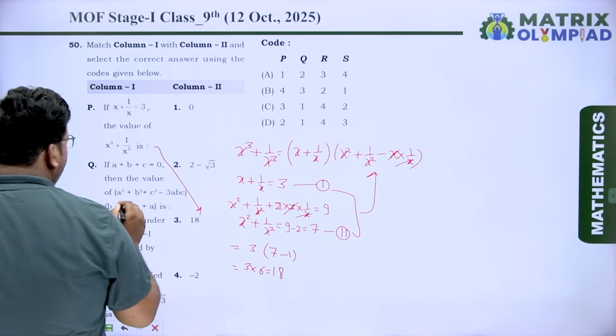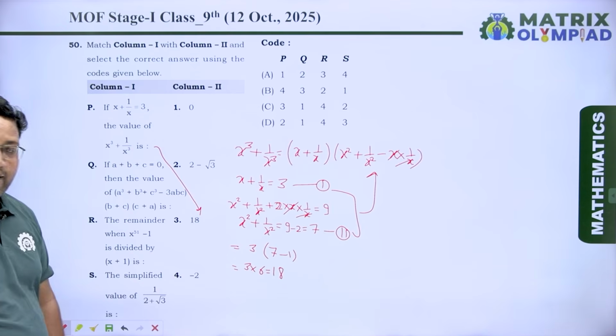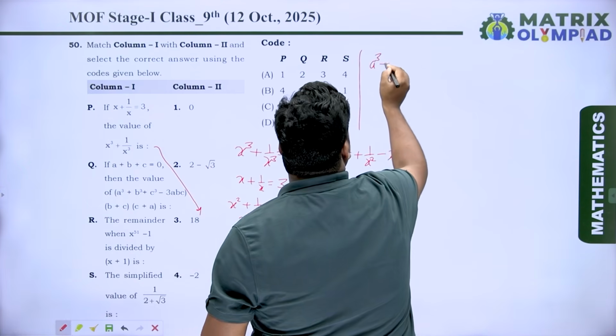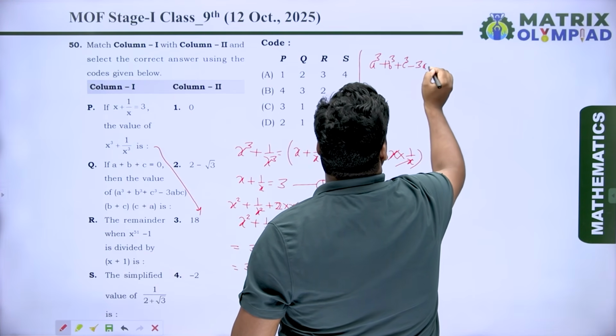Next is, if a plus b plus c equals 0, then the value of a cube plus b cube plus c cube minus 3abc into b plus c into c plus a. Here we know the identity of a cube plus b cube plus c cube minus 3abc.